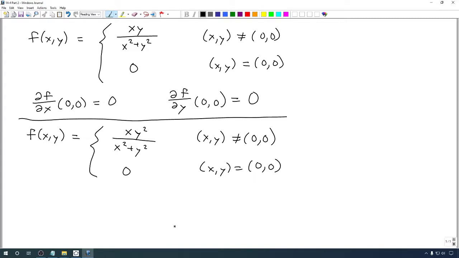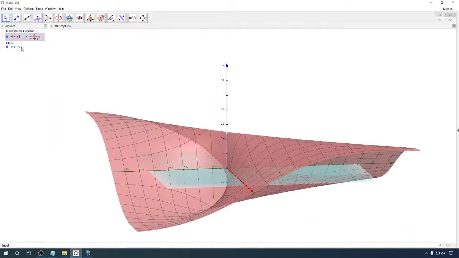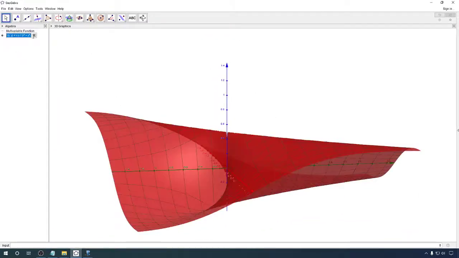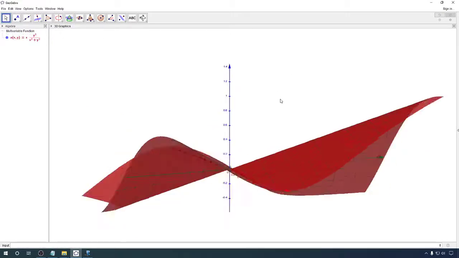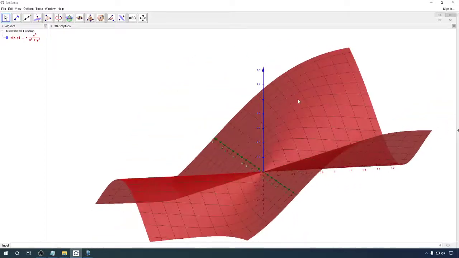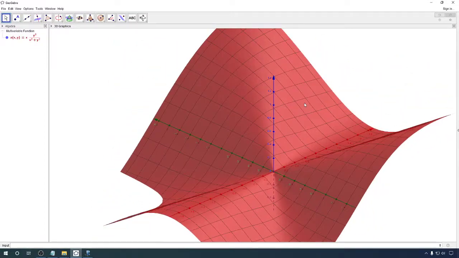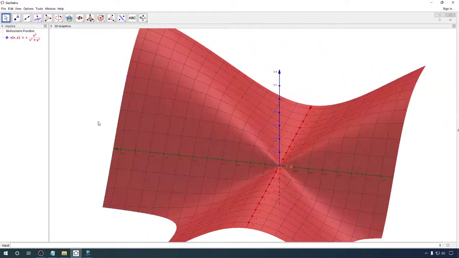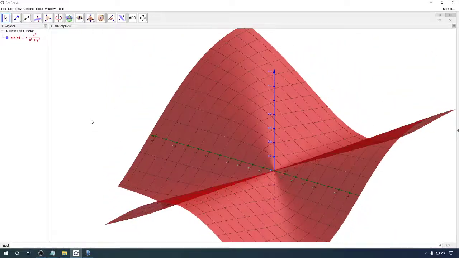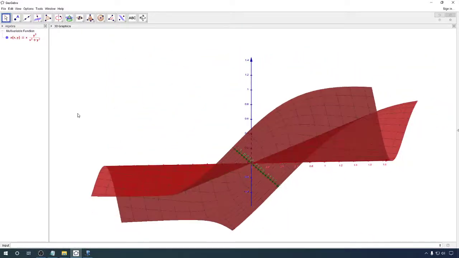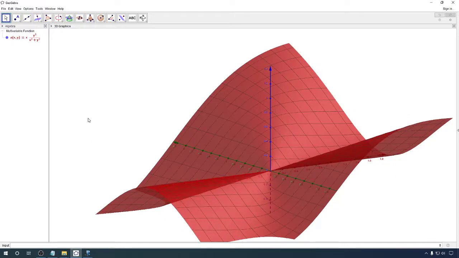If we go ahead and plot this one, we get a function that you can pretty clearly see is really crinkled at the origin, but there's nothing discontinuous about it. In fact, this is a continuous function.